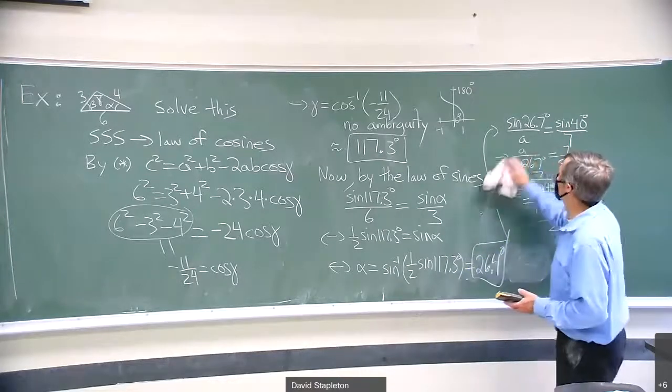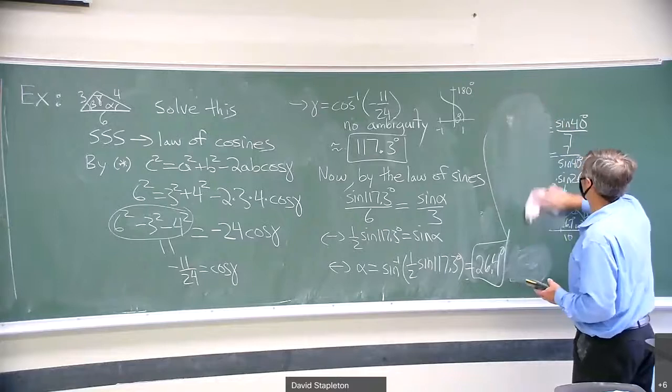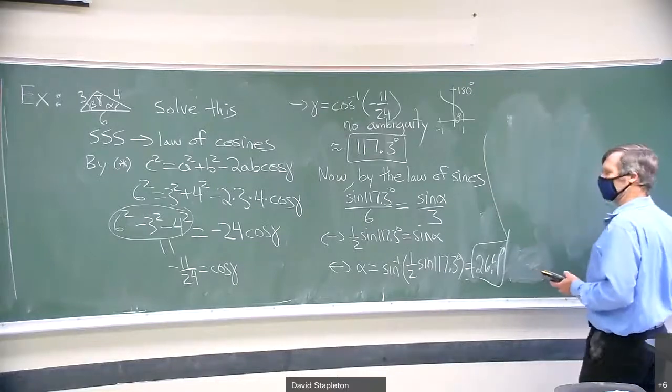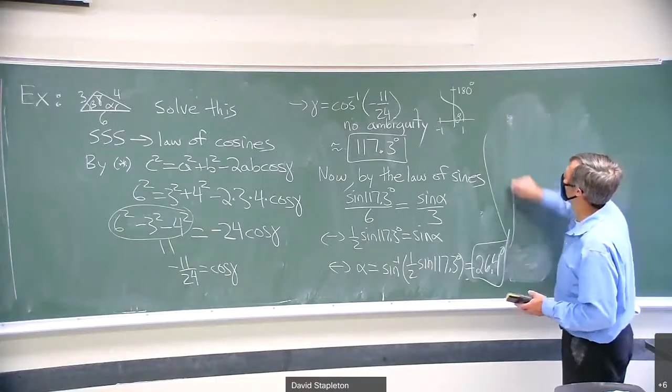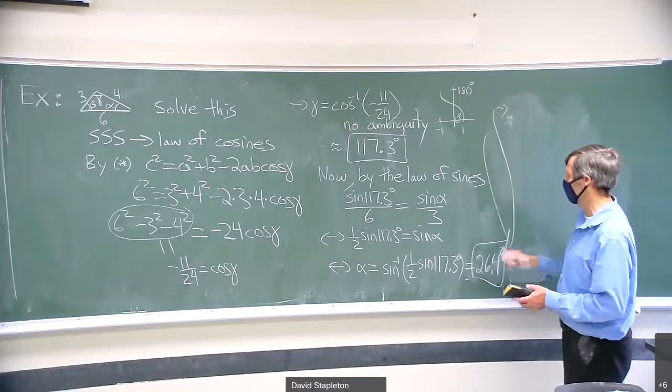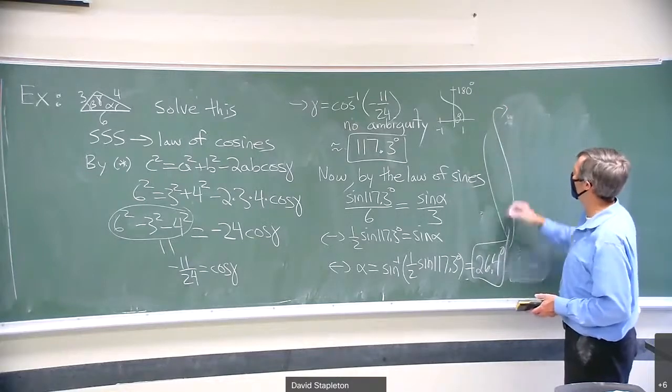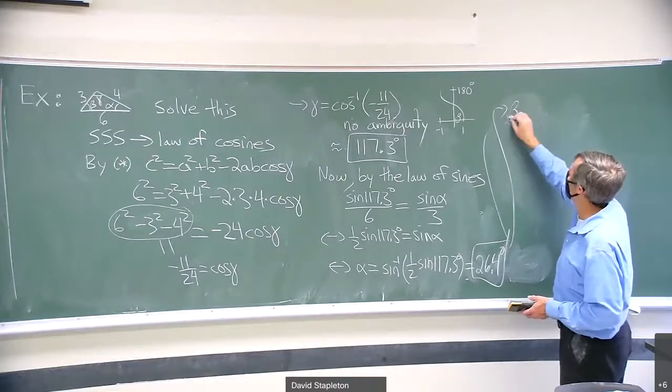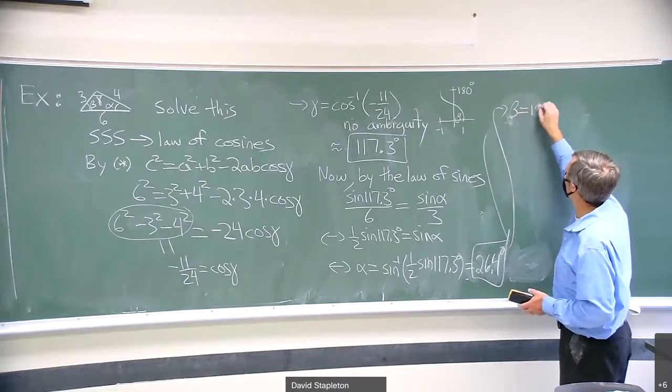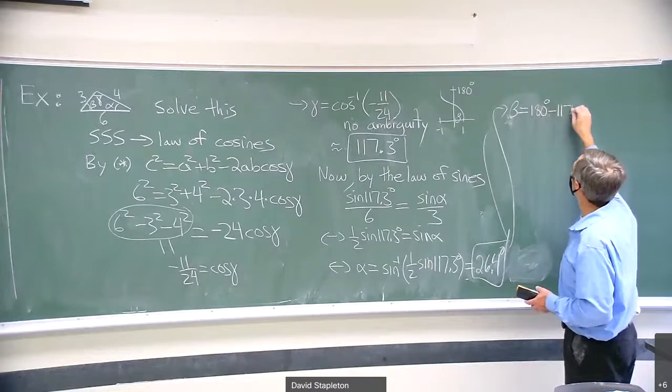Whenever you have two angles, immediately go to the sum of angles equals 180 degrees theorem, because it's least likely to make a mistake, right? It's easy. Not only is it quicker, your subtraction is less mistake prone. So finally, beta must be 180 minus the two that I have.